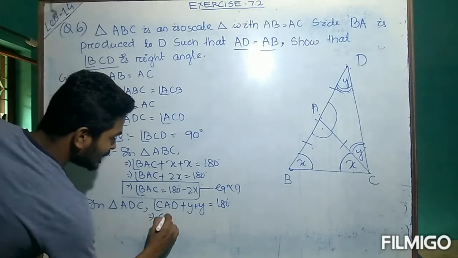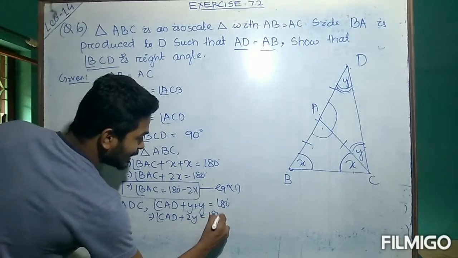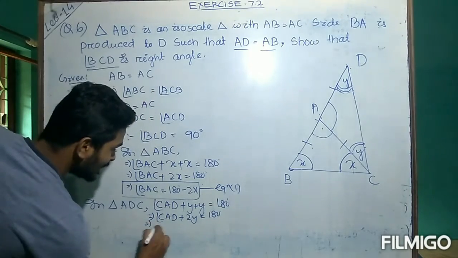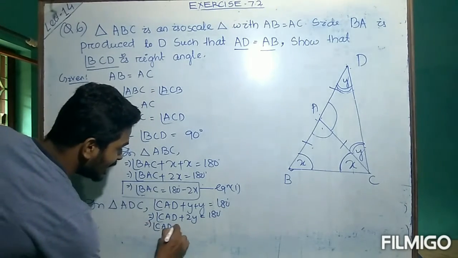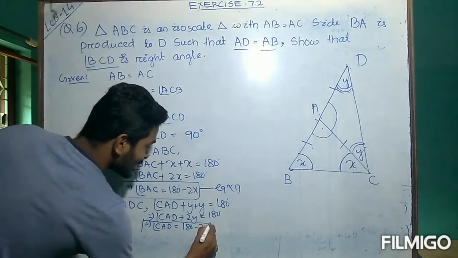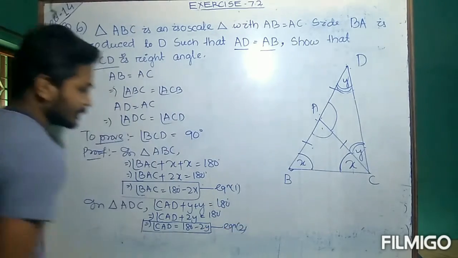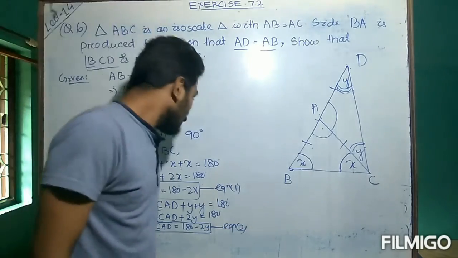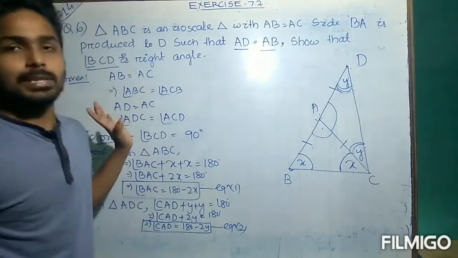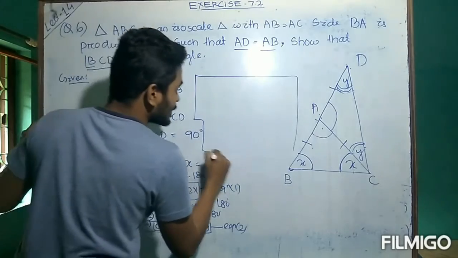So CAD plus 2y is equal to 180 degrees. Clear? This implies angle CAD is equal to 180 degrees minus 2y. This is the second conclusion that we get, equation 2. Understood? Now what will we do? Now we will add this to the equation.